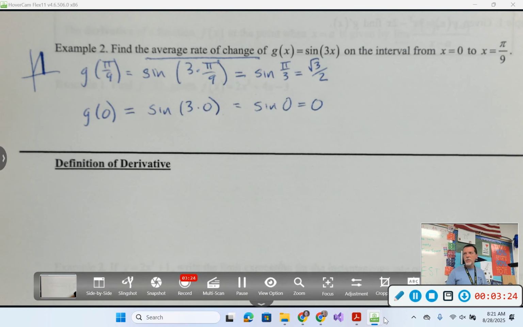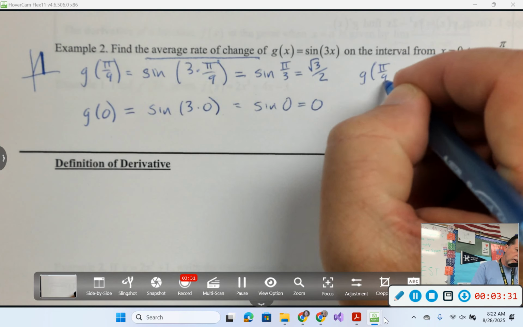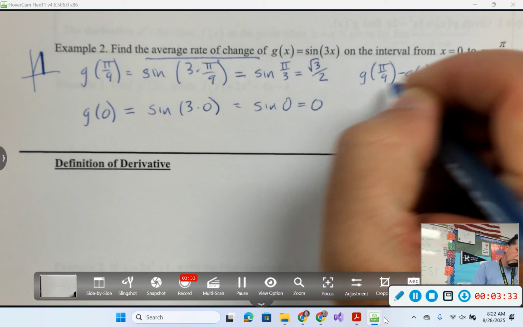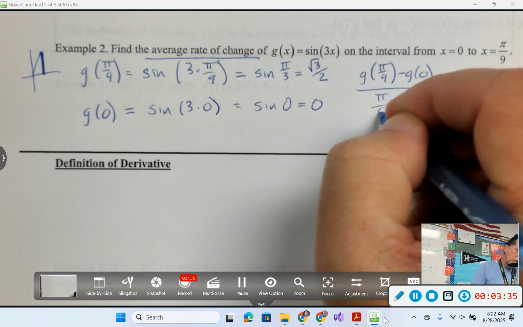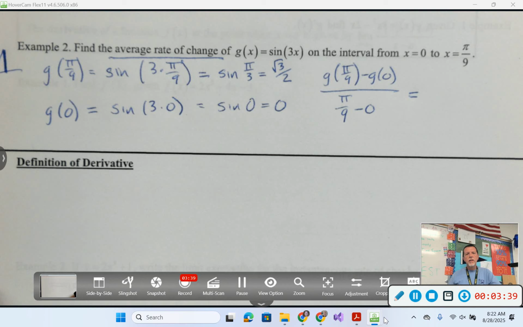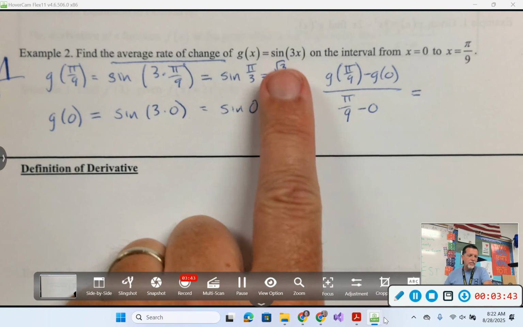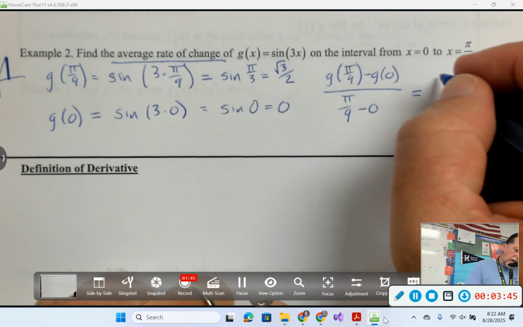Now I'm ready to do the average rate of change. g of pi over 9 minus g of 0 over pi over 9 minus 0. Maybe I should have written that first, because that's the average rate of change, and then I went and found the pieces that I needed.